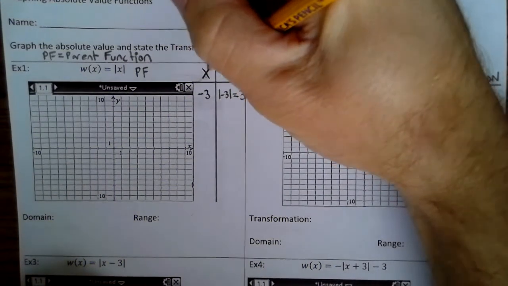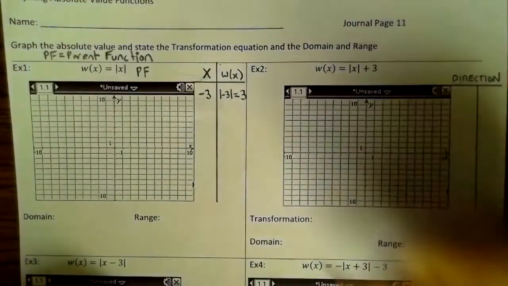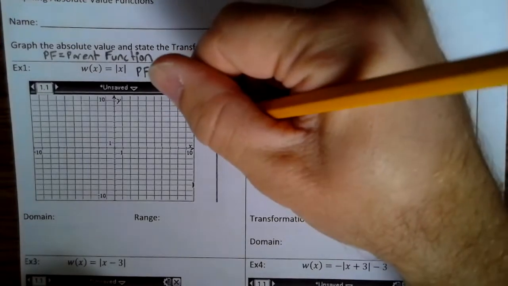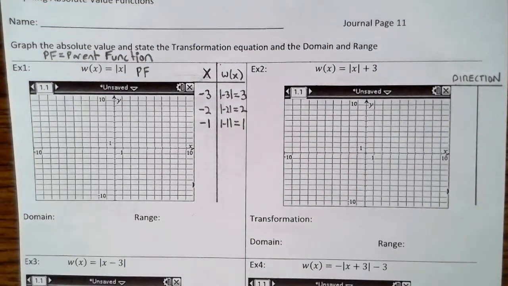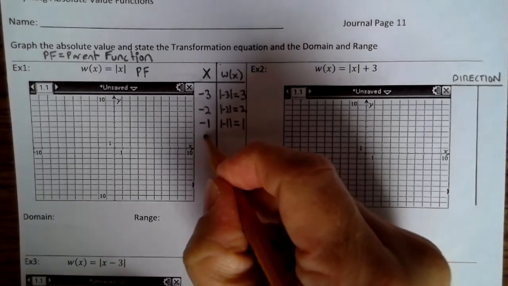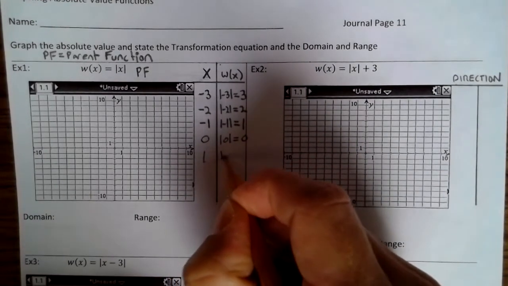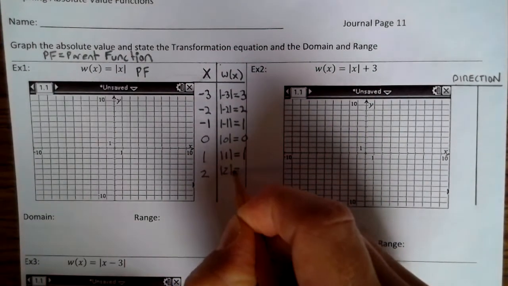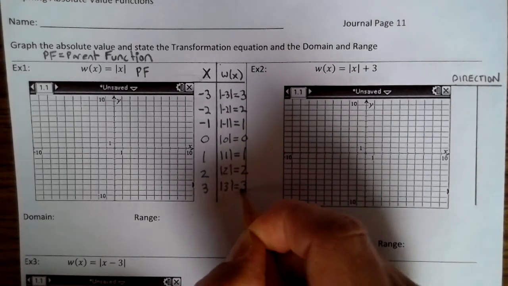And this is x and w(x). When x is negative 2, the absolute value of negative 2 is 2. When x is negative 1, the absolute value of negative 1 is 1. When x is 0, the absolute value of 0 is 0. When x is 1, the absolute value of 1 is 1. When x is 2, the absolute value of 2 is 2. When x is 3, the absolute value of 3 is 3.